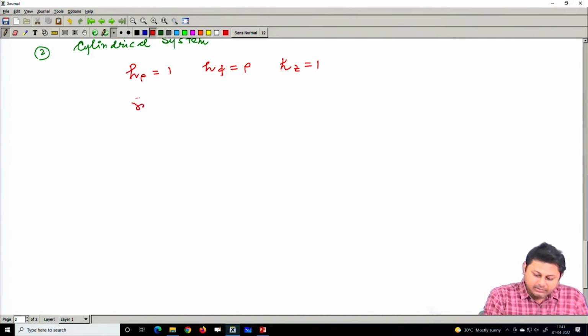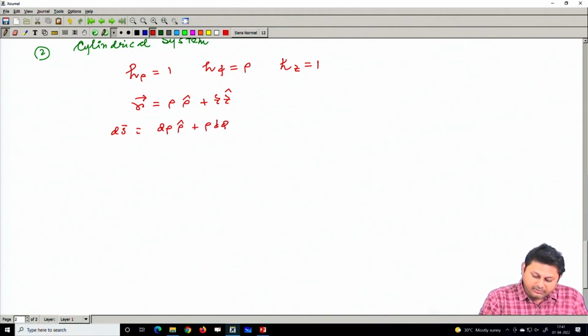Any position R can be represented by rho unit vector plus z unit vector. What is the distance element here, which is d rho unit vector plus rho d phi unit vector plus dz z unit vector. We derived it.